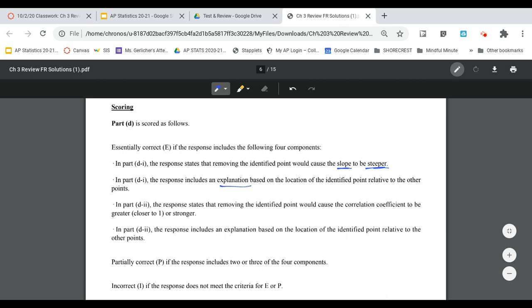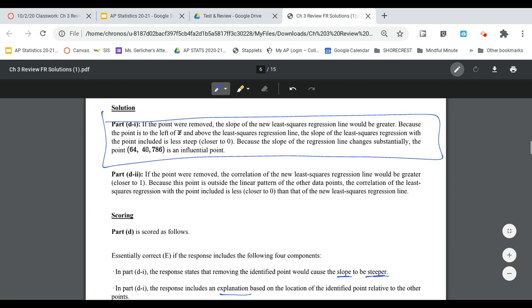So if you talk through what I just said, that outlier is no longer pulling that end of the line up, which makes the end of the line snap down, which changes how it relates. And I think what they said was because the point is to the left of x bar and above the least squares regression line. So they didn't even really talk about the concept much. They just talked about the location and saying that means it's going to snap back up.